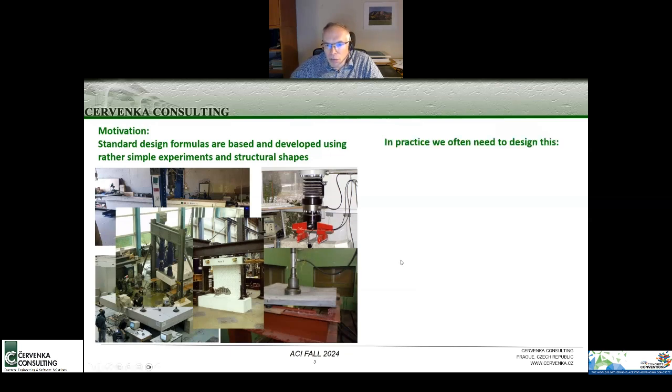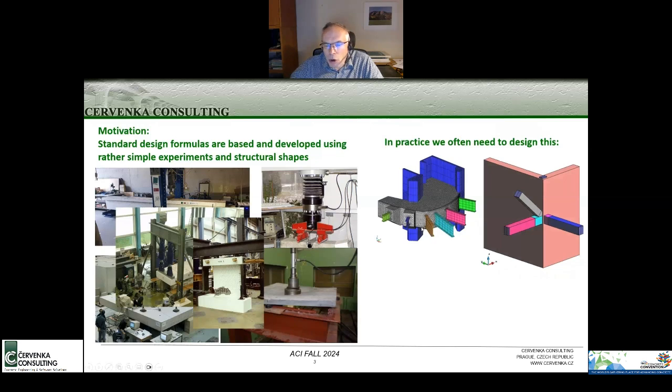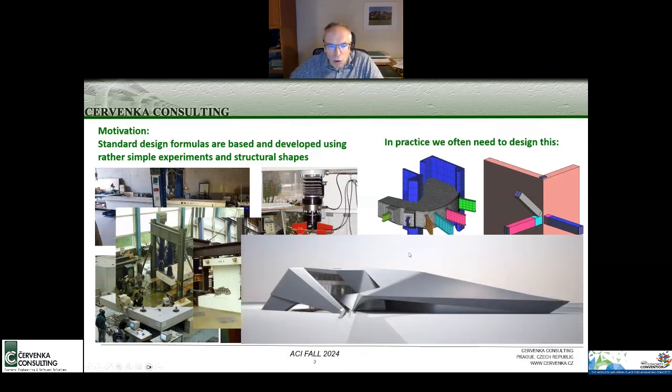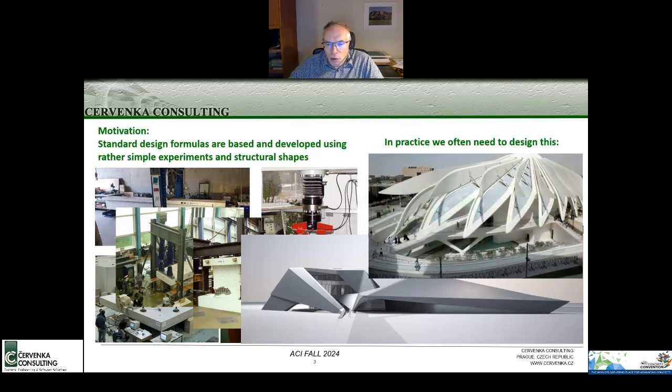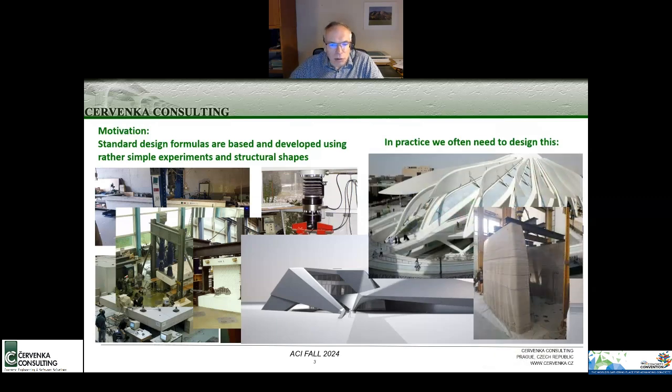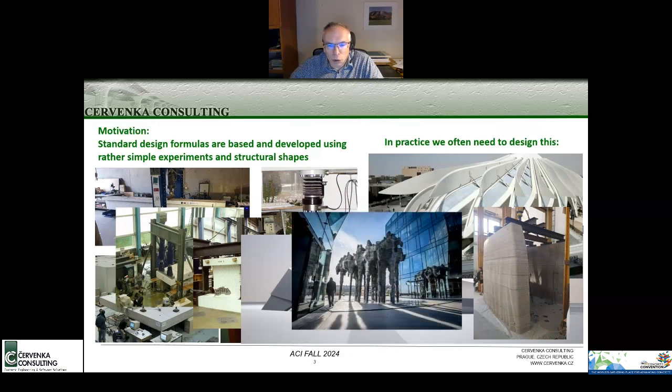But in practice, we are often analyzing something big, something complicated, like you can see here, these pieces of steel embedded into a massive concrete slab, or we have some complicated architectural shapes, or nowadays we have this technology of 3D printing, which is also quite different from our assumptions that were used in developing our standard formulas.